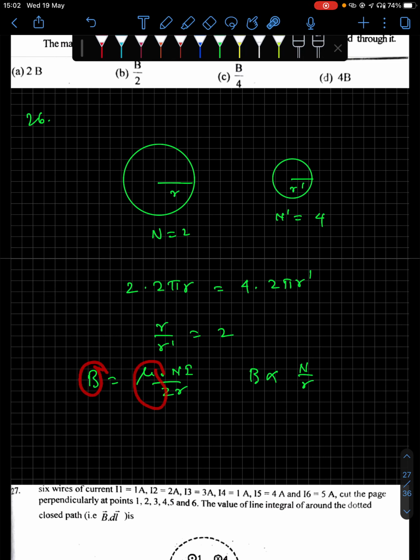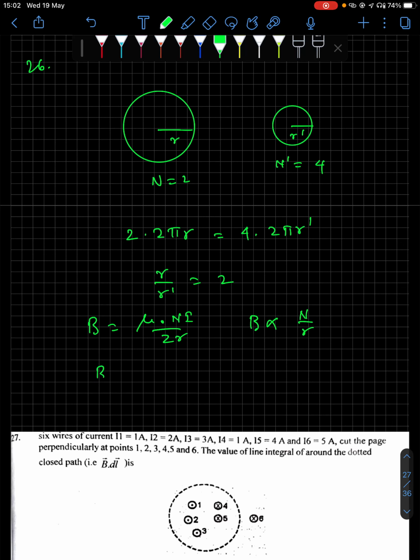So B is proportional to n by r. So B prime by B equals n prime by n into r by r prime. This is what we have to do. So n prime by n is 4 by 2, into r by r prime. What is the value? r by r prime is 2. So here you get 4.